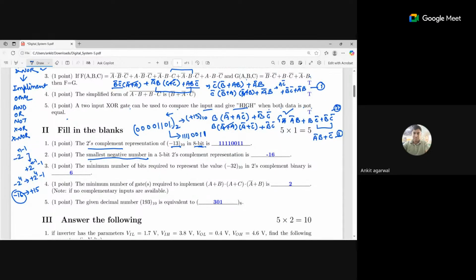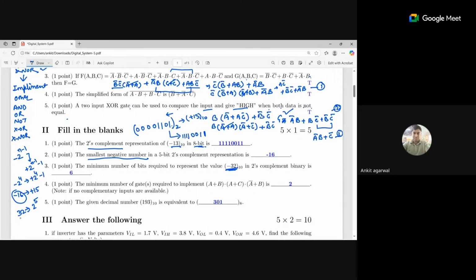Okay, the number of bits required to represent the value minus 32 in 2's complement. First of all, we require 32, so plus 32 is 2 raised to power 5. But it is a negative number, so in the negative representation we always require one extra bit.